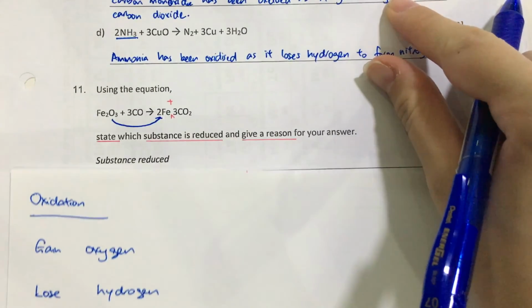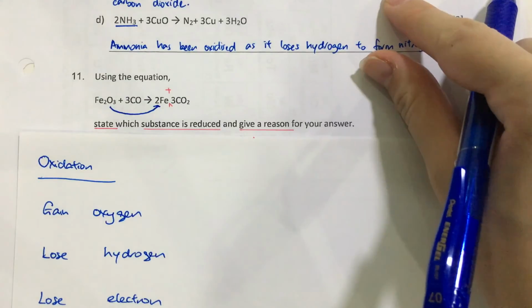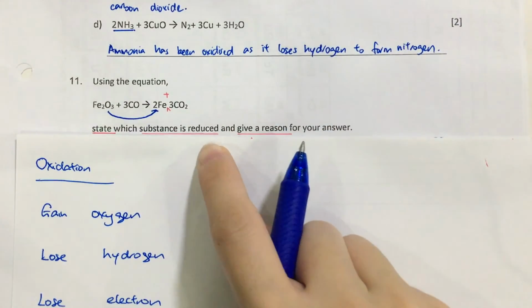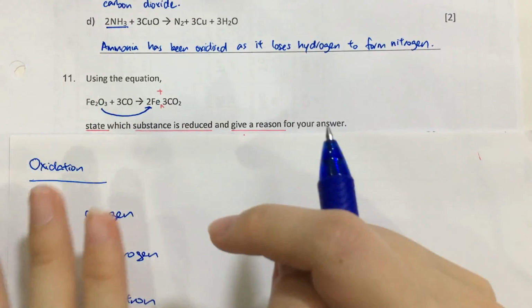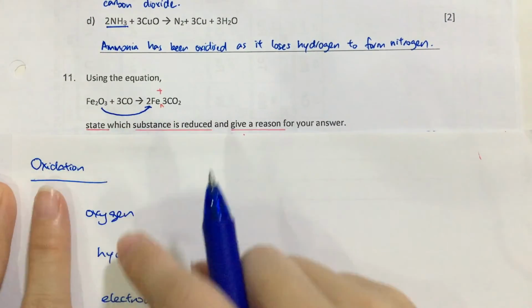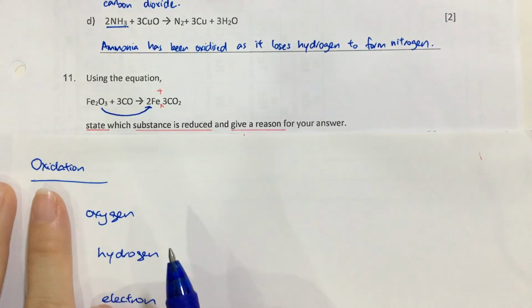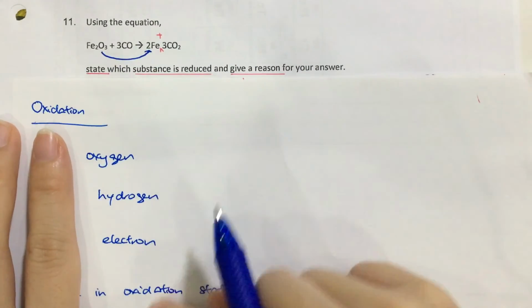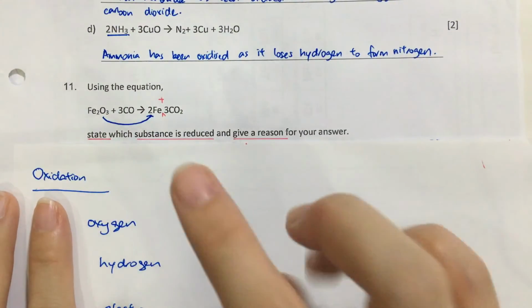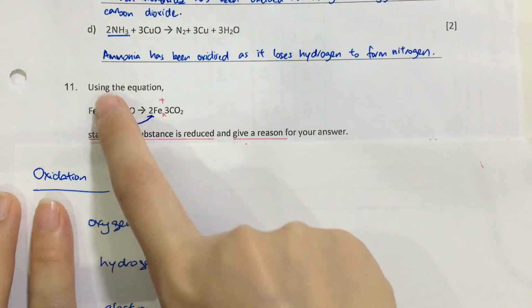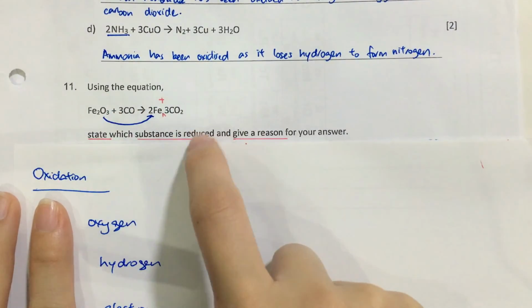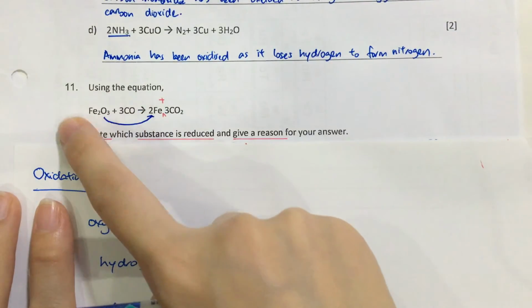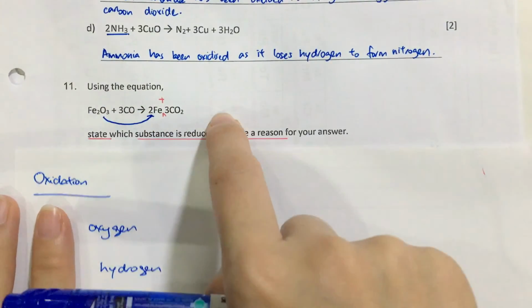Okay, now we have this equation and they ask you to state which is being reduced. Okay, so reduction is the opposite. That means it's either losing oxygen, gaining hydrogen, or the remaining. So here we can have a quick one where you can see this to this loses oxygen. So that means that iron trioxide has been reduced.